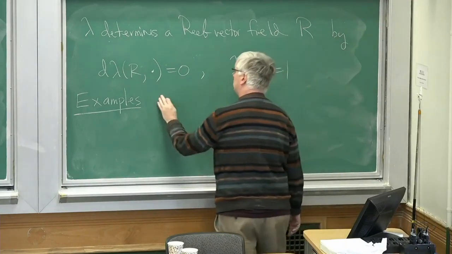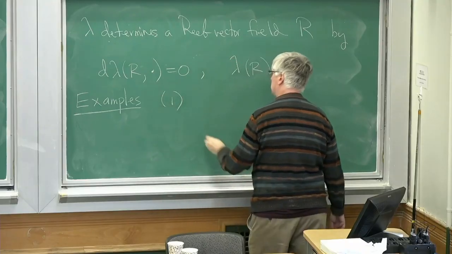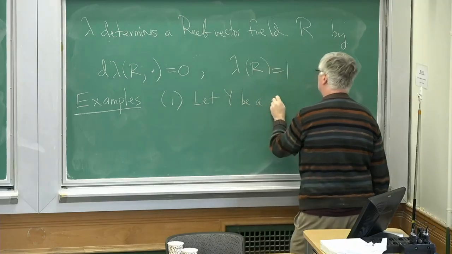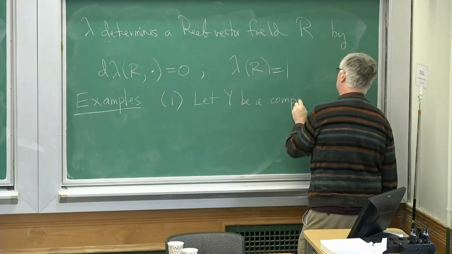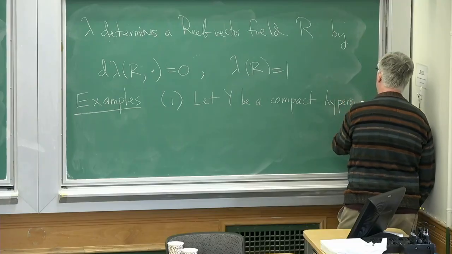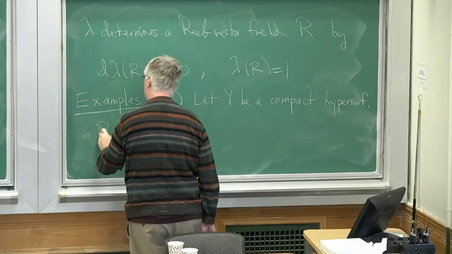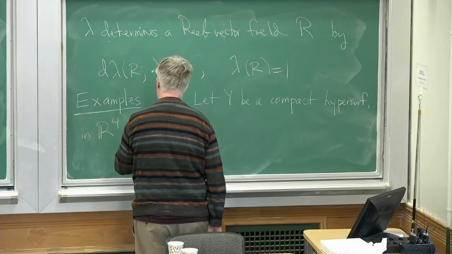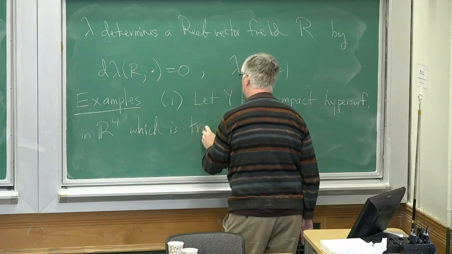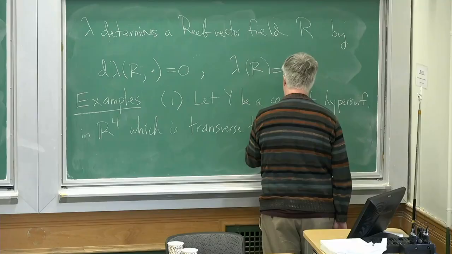So the first one: let Y be a compact hypersurface in R4 which is transverse to the radial vector field.